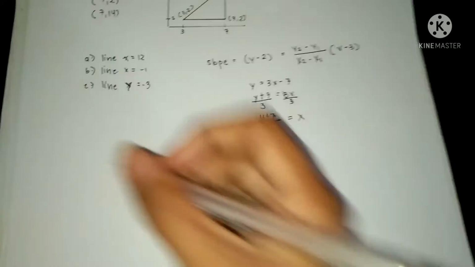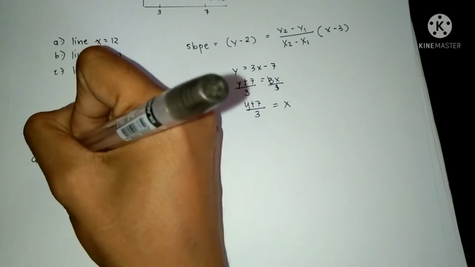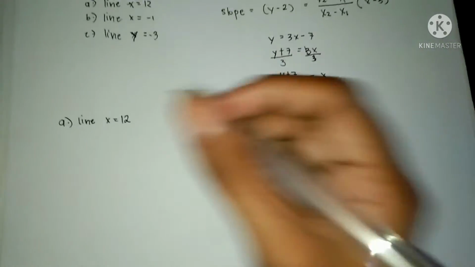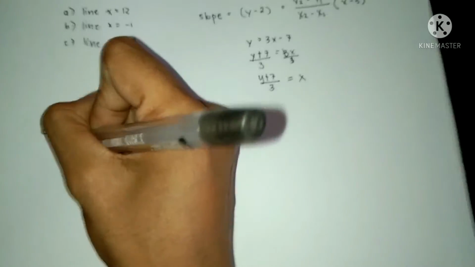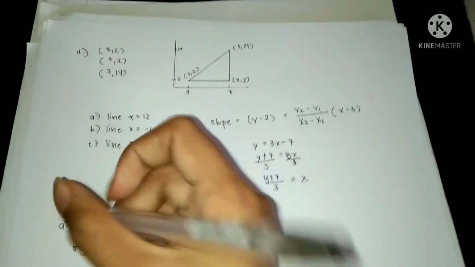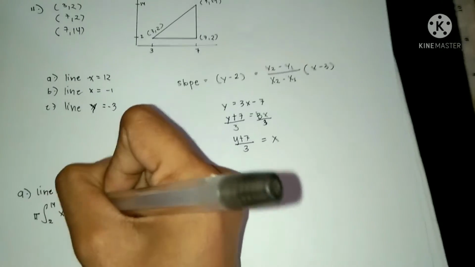So let's take A, the line x is equal to 12. So pi, the integral from 2 to 14 of x squared dy.